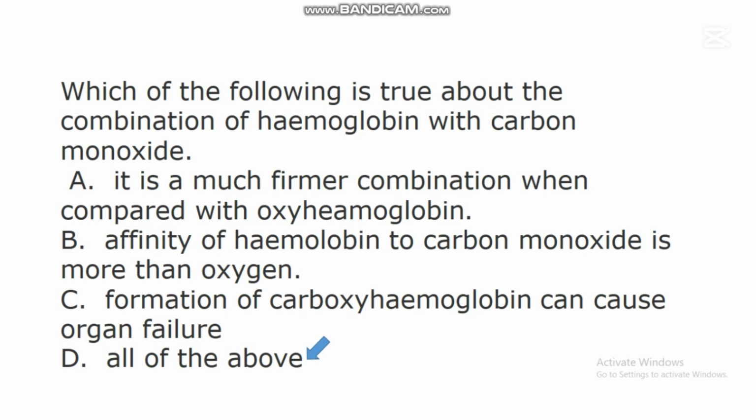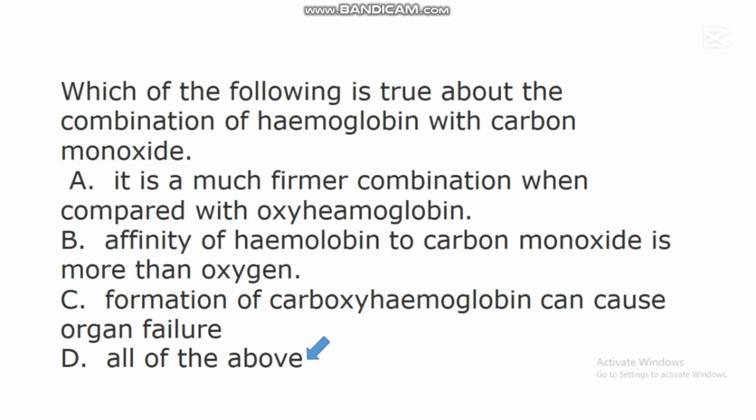And the affinity of hemoglobin to carbon monoxide is more than oxygen. During this process that leads to formation of carboxyhemoglobin, there will be some issues in the body, like organ failure. All these things are facts about the combination of hemoglobin with carbon monoxide.